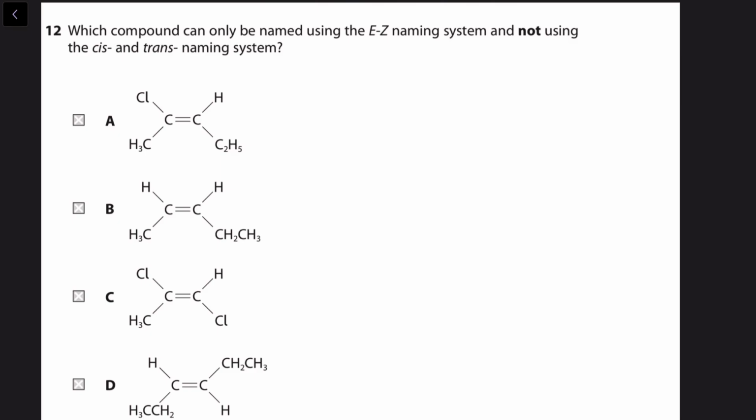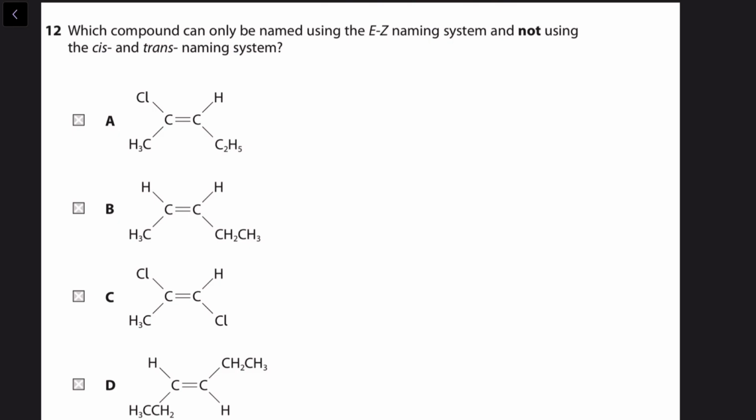Right? Then, if there's a suitable pair of identical groups on the 2 carbon atoms, we can name them as cis or trans. When the identical groups are on the same side of the carbon-carbon double bond, we call it cis. When they are on opposite sides, we call it trans.